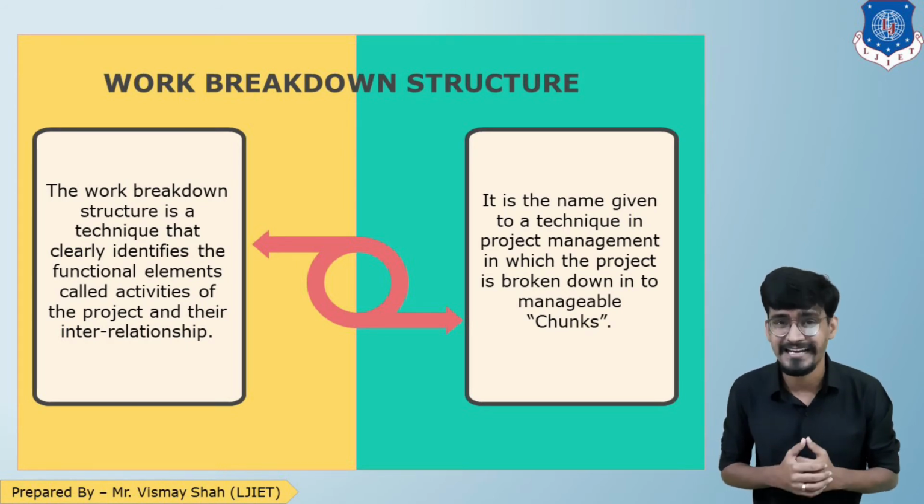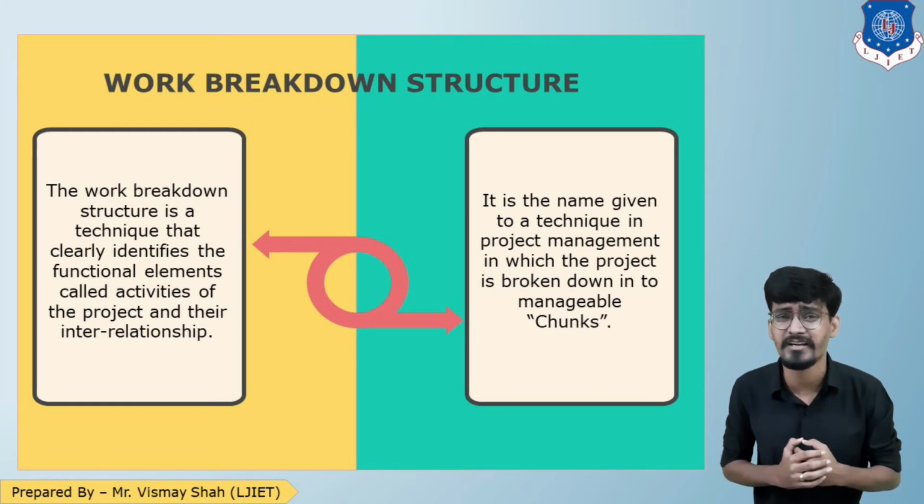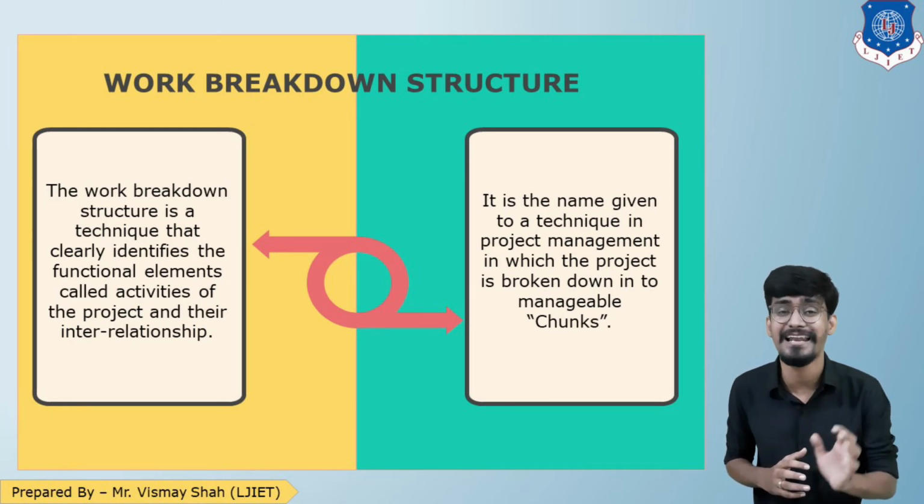But now let us see the technical definitions. The work breakdown structure is a technique which clearly identifies the functional elements of the project, which are known as activities, and their interrelationship with the other activities. Work breakdown structure is simply to identify functional elements.